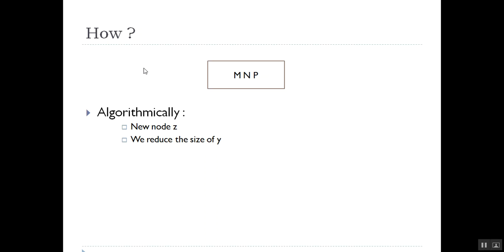So the node Z that we are going to allocate will contain t minus 1 right element. T is 2, so t minus 1 is 1, which is P element. And then the size of y will be reduced also to t minus 1, which means that it will contain only 1 element, which means M.